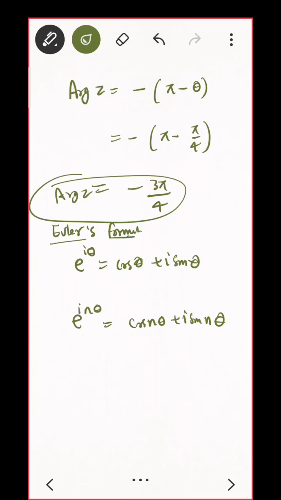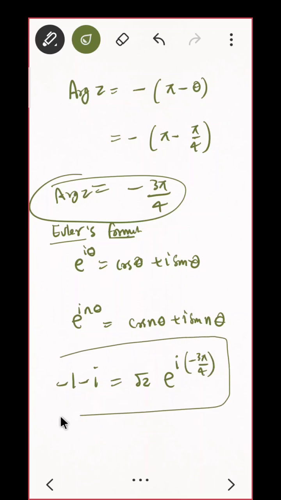So finally जो हम लोग ने find out किया, let us write it in that format. So -1 minus I can be written as R, R क्या था अपना? √2 e raised to I theta, theta क्या है? -3 pi by 4. So this is my exponential form, correct.